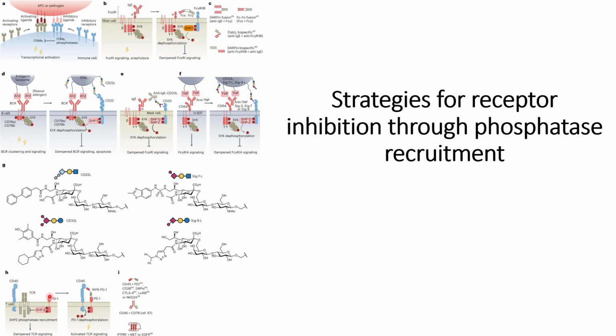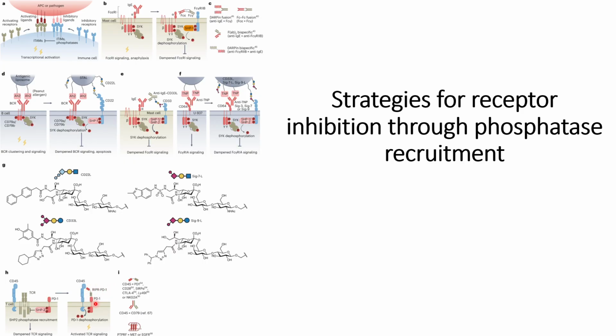Once PD1 is activated, it will cause SHP2 phosphorylation, and SHP2 phosphatase will cause dampening of the T cell signaling, because it will prevent the activation of the T cell receptors. These things can be inhibited by preventing PD1 receptor activation using this RIPR PD1.